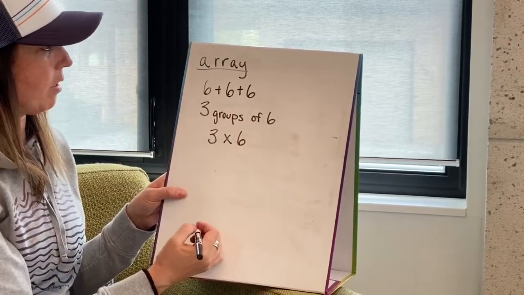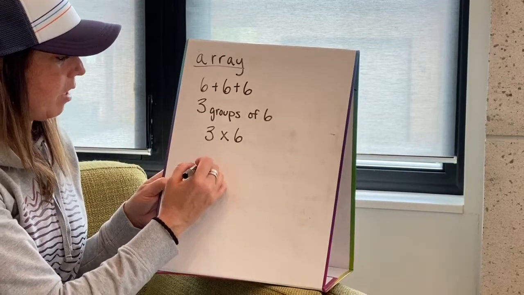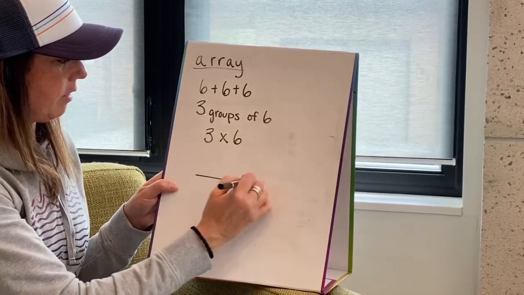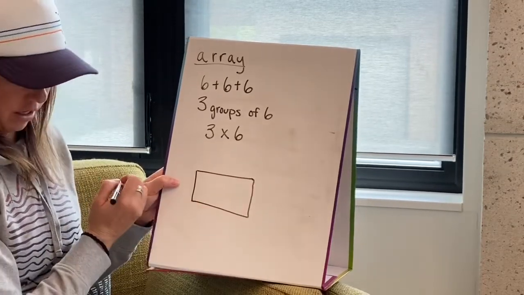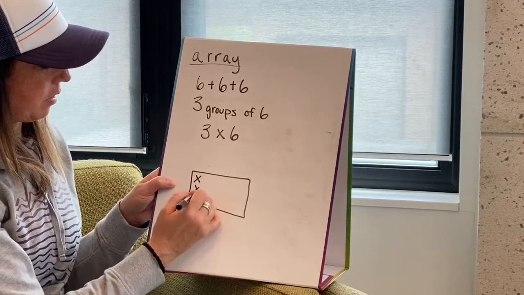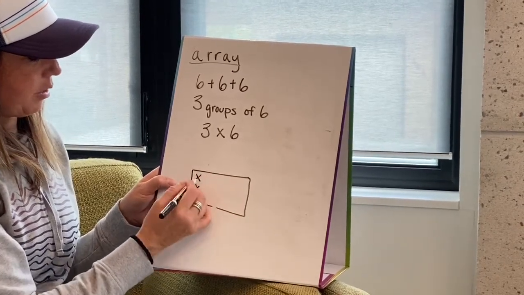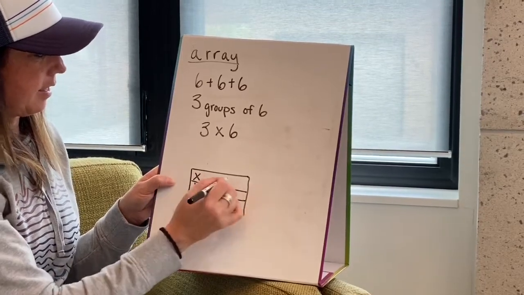So if we were to build an array, we have 3 groups. We could draw here, and we have 3 groups. So we're gonna go down here, and then each one of these groups has 6.